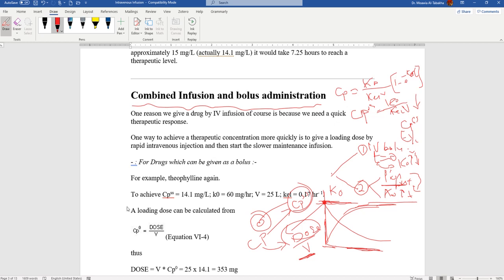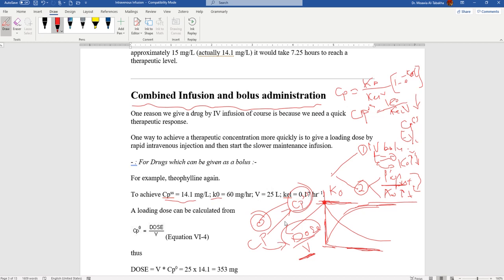So let's look again at our previous example. Our target is 14.1 milligram per liter, and this can be achieved by an infusion rate of 60 milligram per hour, and the apparent volume of distribution is 25 liters and KL is 0.17.